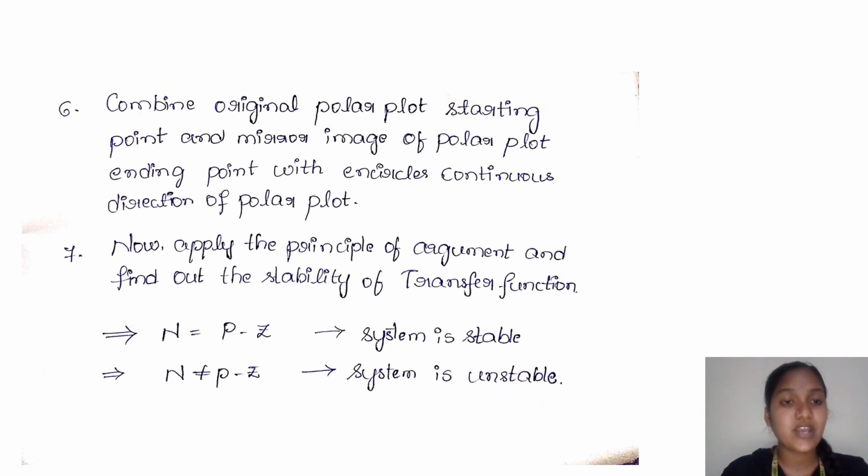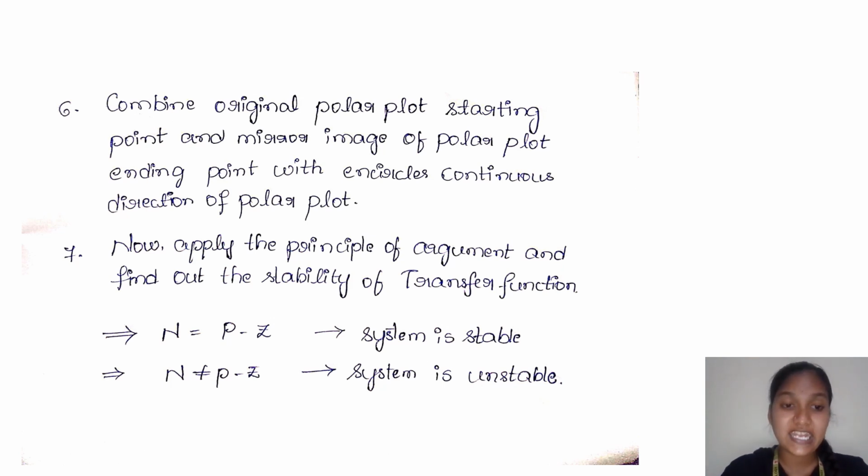Next step is to combine the original polar plot's starting point and the mirror image's ending point with the encirclements in a continuous direction. The next step is to apply the principle of argument, that is N equals P minus Z, and find out the stability of the transfer function.